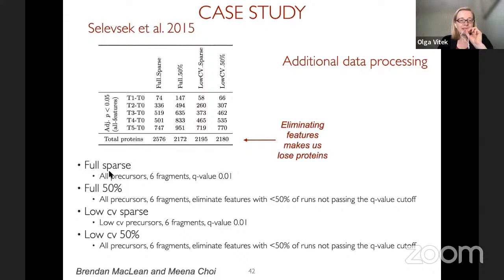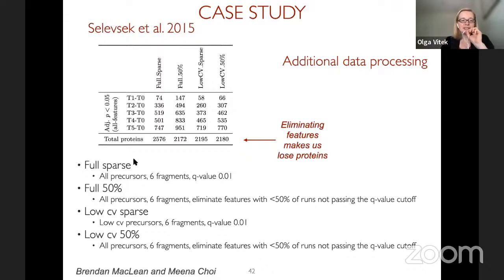So full sparse means we consider all precursors, use 6 fragments per precursor, and we only eliminate individual peaks if they do not pass the Q value quality of identification threshold. Or we can have full data set, again, all precursors, 6 fragments, and if half of the peaks in the feature do not pass the Q value cutoff, eliminate the entire feature.